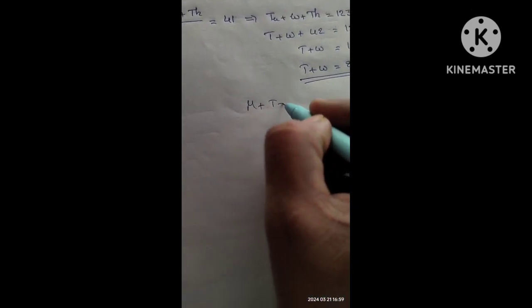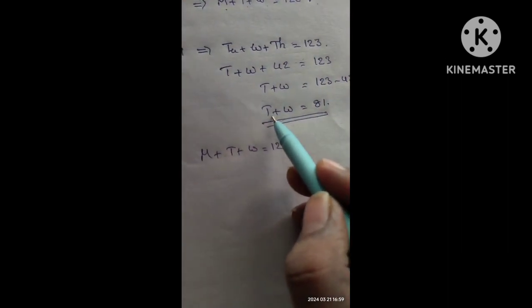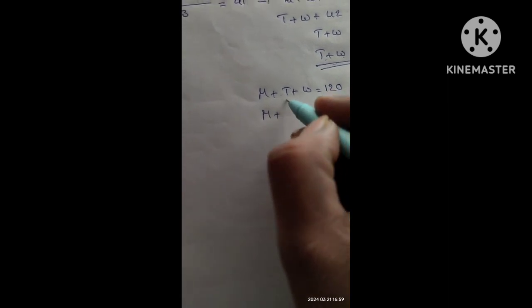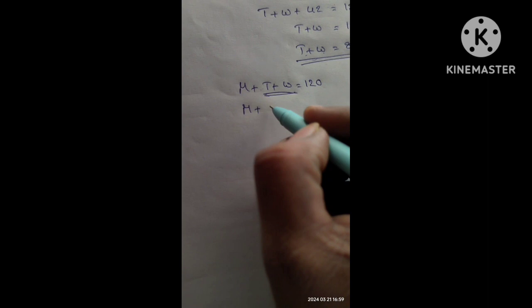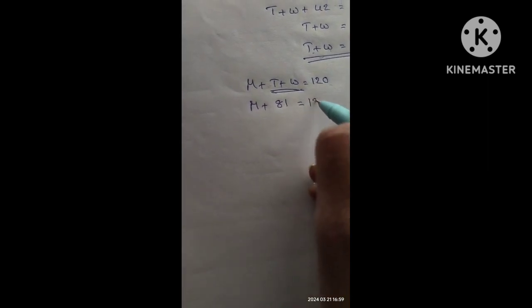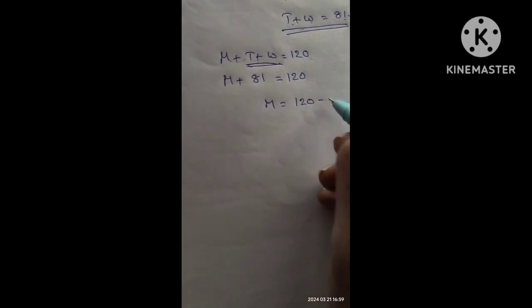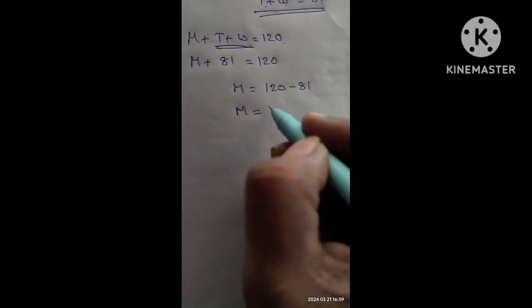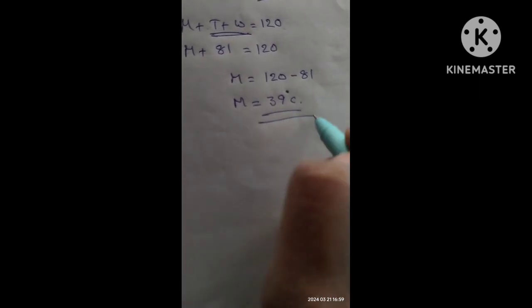But now you got Tuesday plus Wednesday is 81. So Monday plus 81 is equal to 120. Then Monday equals 120 minus 81. Then the temperature on Monday is 39 degrees centigrade.